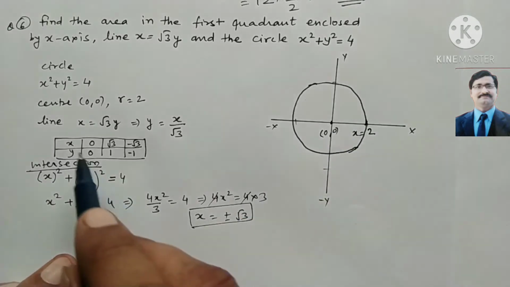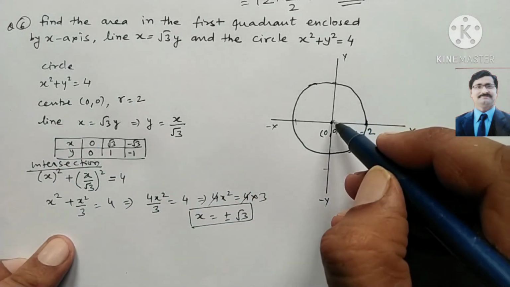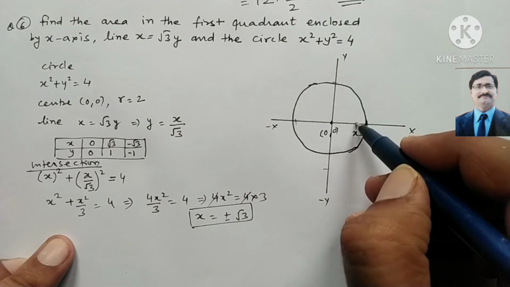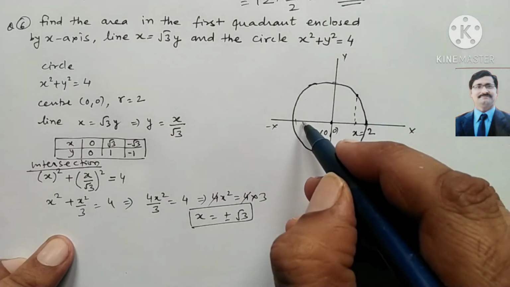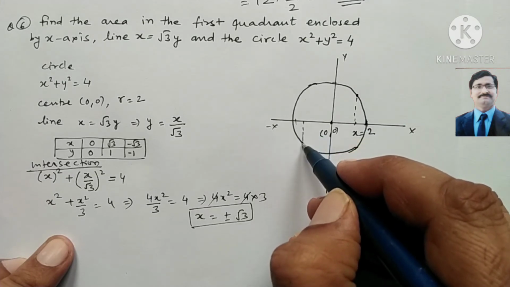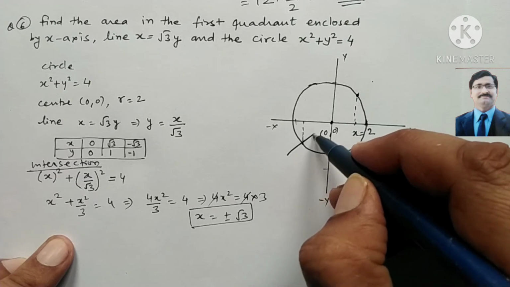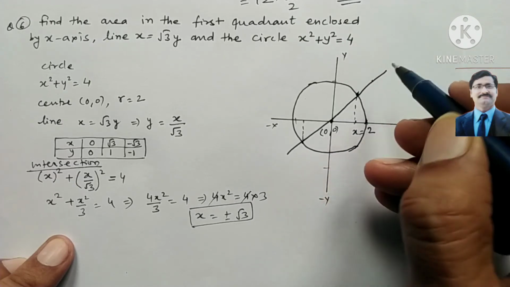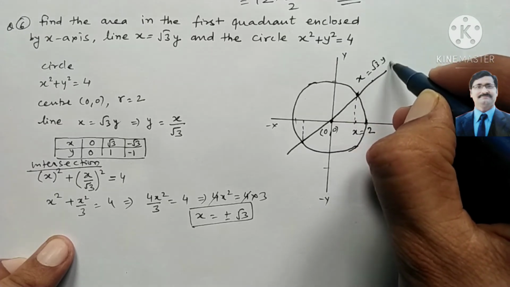Here this line and the circle intersect at a point, this is √3 here, and -√3 will be this side. So these 2 points are intersections, and this line is also passing through the center, so we get this line in this format. This line is x = √3 y.